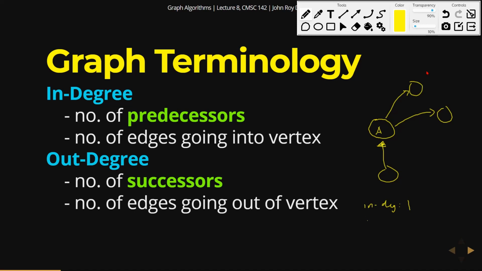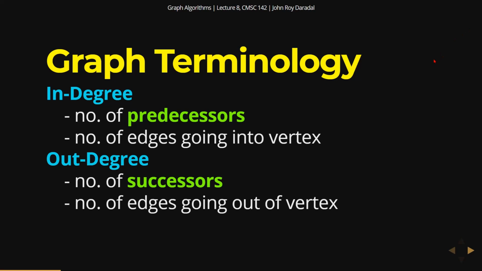And the out degree would be 2, because there are 2 edges going out. So this one and this one. That would be in degree and out degree. So you're specifying whether it's an in degree or an out degree, not just degree of vertices as in undirected graphs.